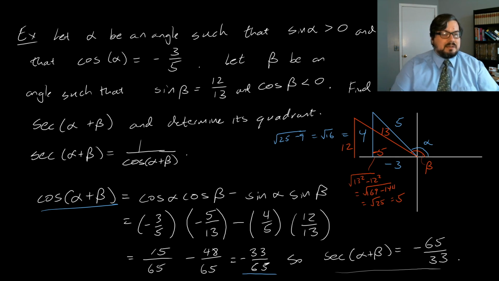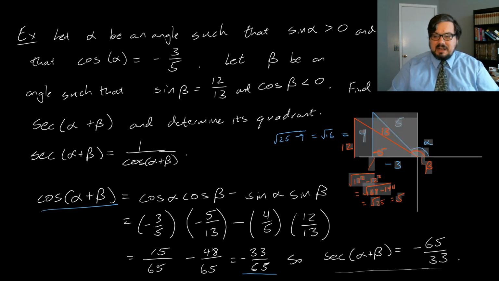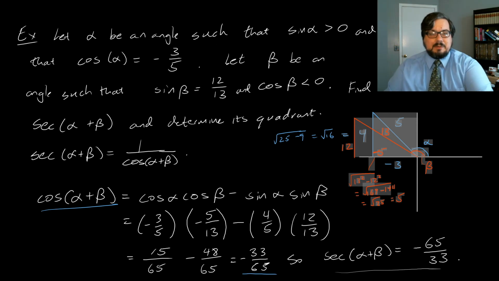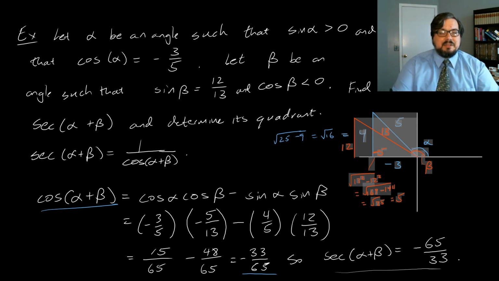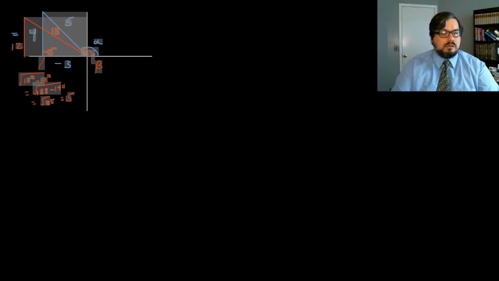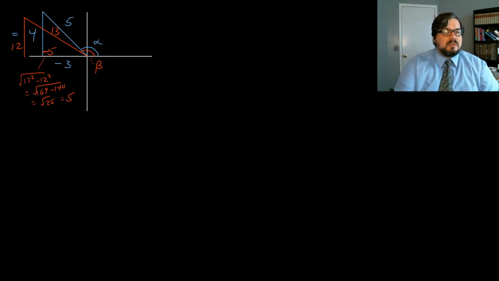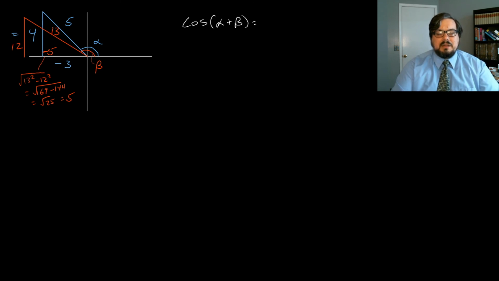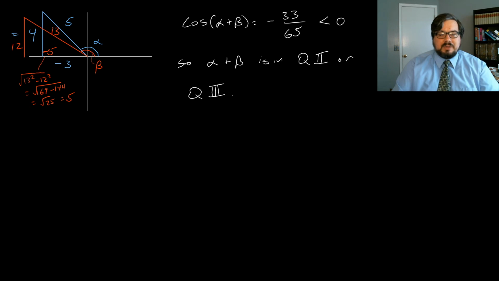So let me copy the diagrams that we've got here, get a new page as we figure this out. So we have that cosine of alpha plus beta is equal to negative 33 over 65, which is negative, which means that alpha plus beta is in quadrant 2 or quadrant 3.